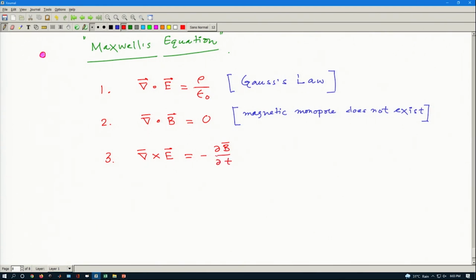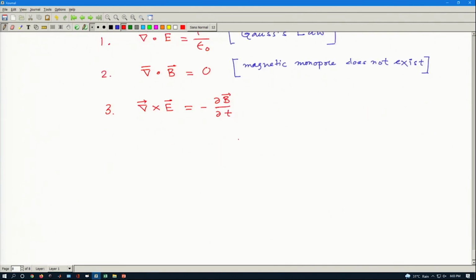This is the first time we have a relationship between E and B. The first equation is from electrostatics, the second is from magnetostatics, and in the third we find for the first time a relationship between E and B, and now we are entering the domain of electromagnetism. So, this is our Faraday's law.